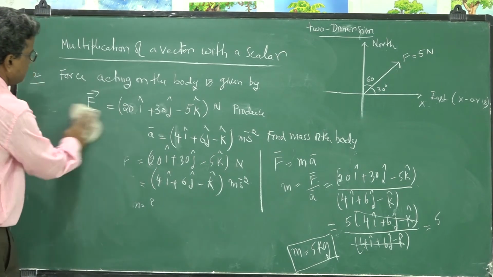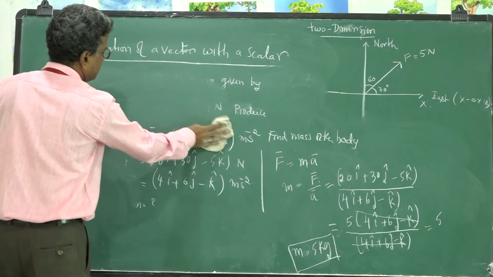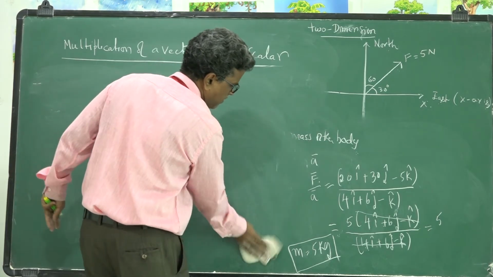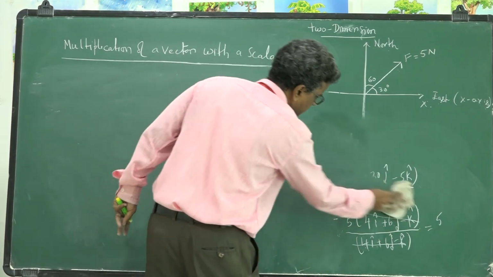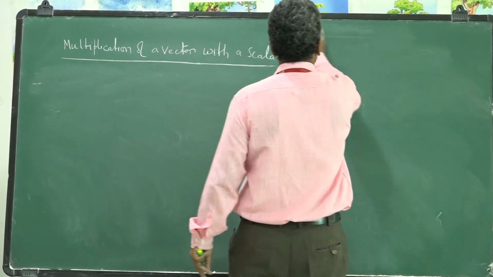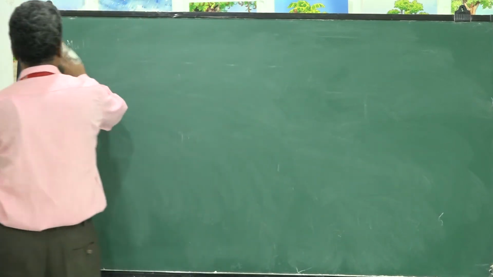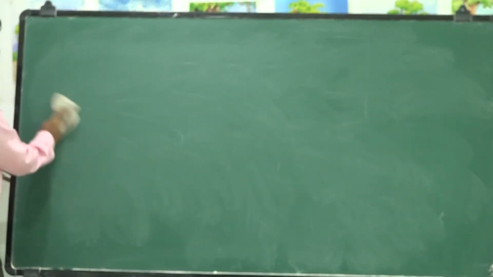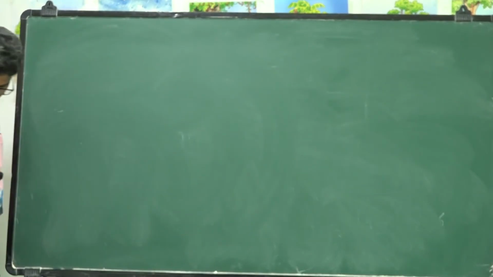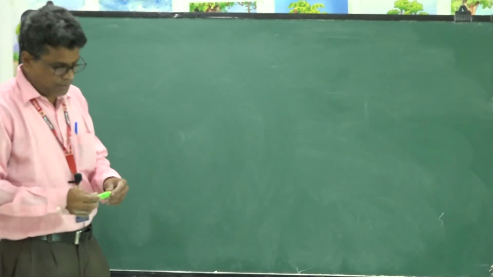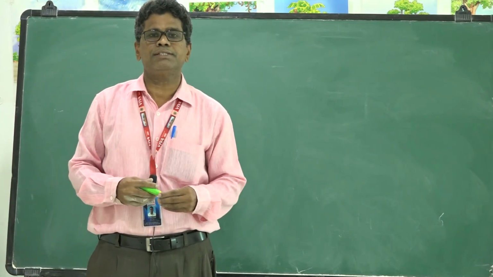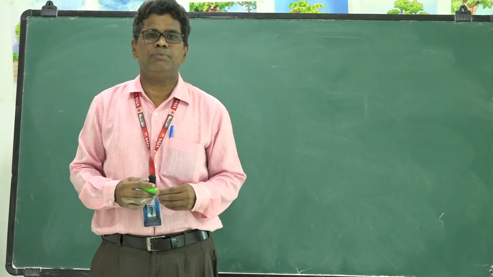So this is multiplication of a vector with a scalar. So what we learned? Multiplication of a vector with a scalar, and how we are using this in physics with a few examples.